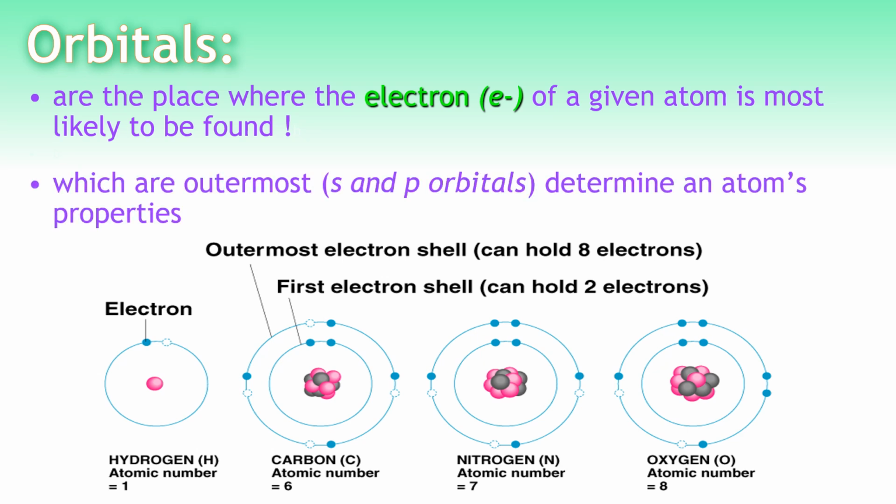Now, the orbitals that are on the outside, we say S and P orbitals, they determine the atom's properties. And again, that's because the number of filled and unfilled spaces affects the way the atom behaves. Less obviously, the way the electrons share this outer space, the way they share the orbitals, plays an important role.